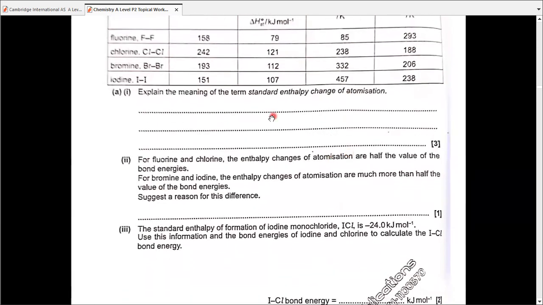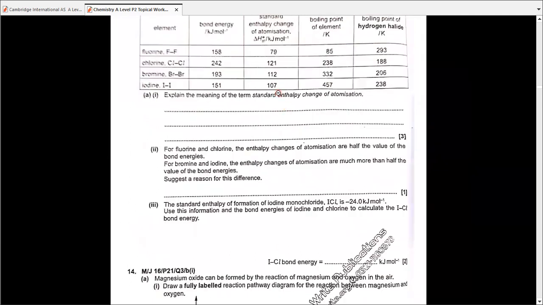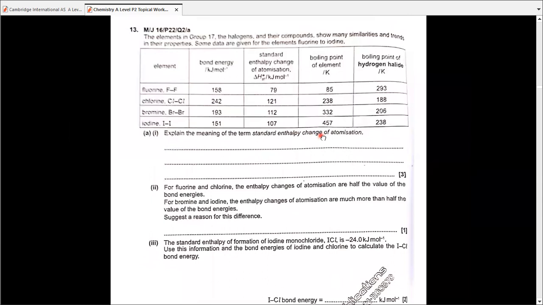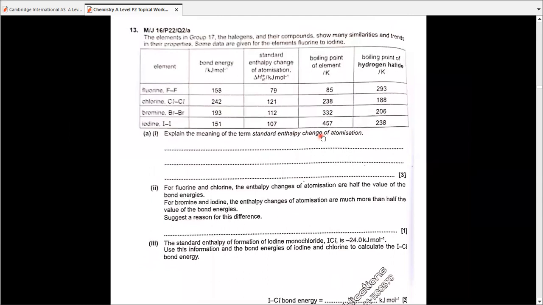I am going to zoom out so you can see the whole question in a single go. You're just supposed to solve part 3 of it, that is related to our stuff, because the first one is a definition, which is pretty much memorization. You would also be able to solve part 2. So let's talk about part 3 right now.